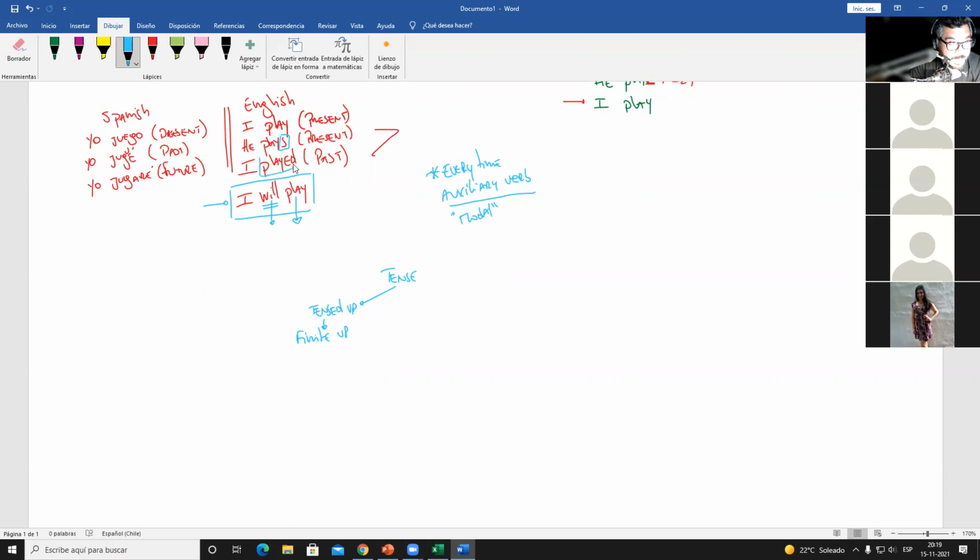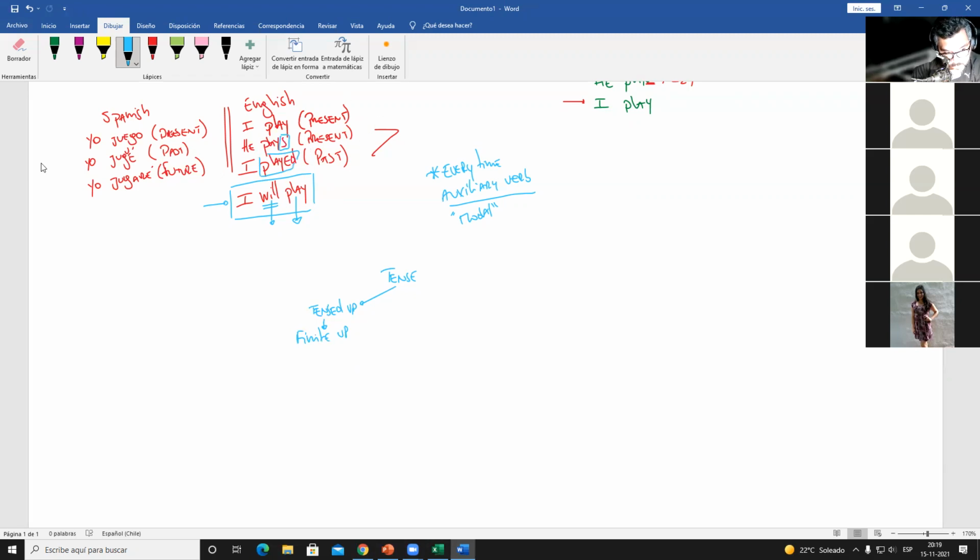The same with played. I played. I know that the clause is stating a reference to the past, something that has already happened. And as it is marked by the presence of the ED1, I will say that this verb phrase is tensed, therefore it is a finite verb phrase, right?